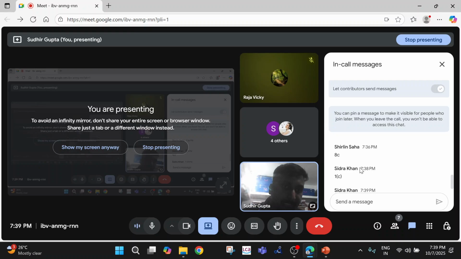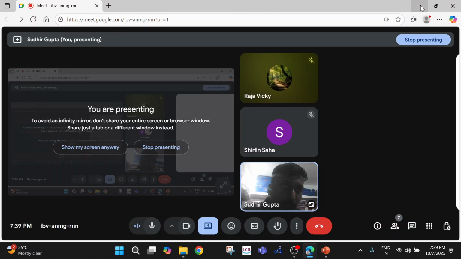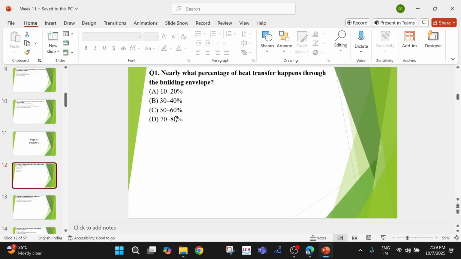So let me see who can recall this very well. As I can see, Sidra Khan was the first to answer, and the exact answer as per her is 46.8%. Option C has been marked by other students also. So 46.8% is falling under nearly around 50%, or 50 to 60 as has been mentioned.